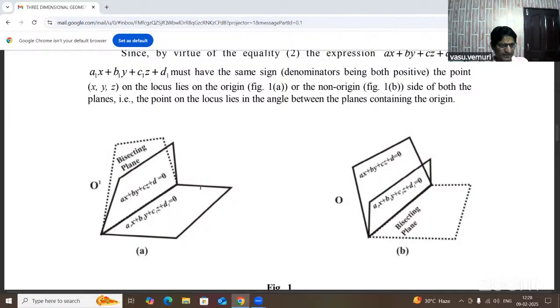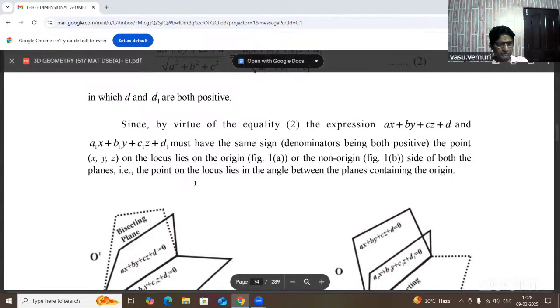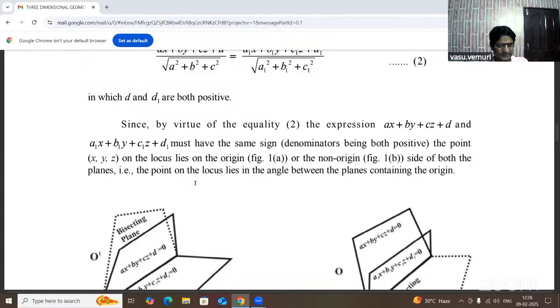Now figure 1A: ax plus by plus cz plus d, and the second one a1x plus b1y plus c1z plus d1 must have the same sign. Same sign means the denominators are both positive. When both denominators are positive, the point (x, y, z) on the locus lies on the origin side, and that is the first one, A.